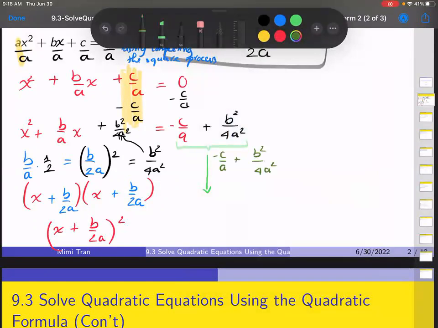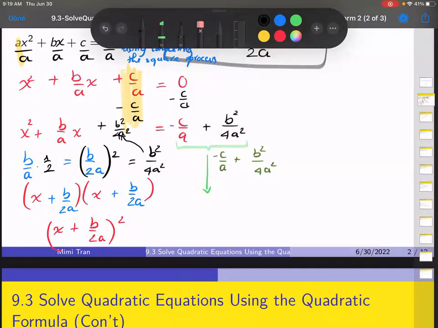What is the LCD? What is my least common denominator? In order to add those two fractions, what do I need? I need the denominator to be the same, right? So the first fraction is missing, what is it missing? It had 1a, but we need 4a squared, right? So it's missing another a. What else is missing? 4, right? So I have to do what?